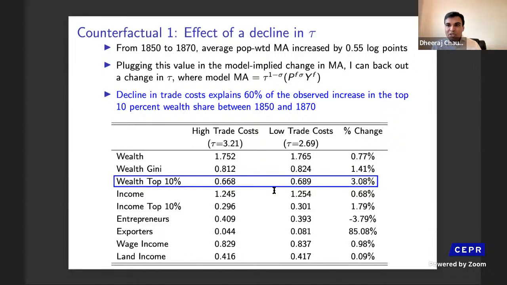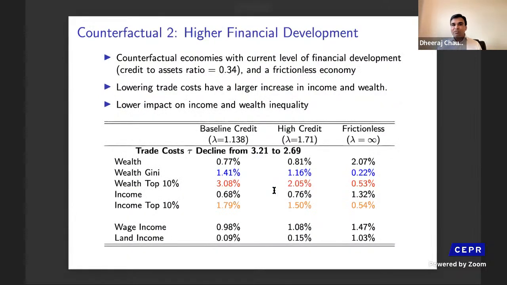And during the same time period, the real estate wealth top 10% increased by 3.4 percentage points. So this decline in trade cost can explain about 60% of the empirically observed increase in wealth inequality between 1850 and 1870. Let me show you my second counterfactual.